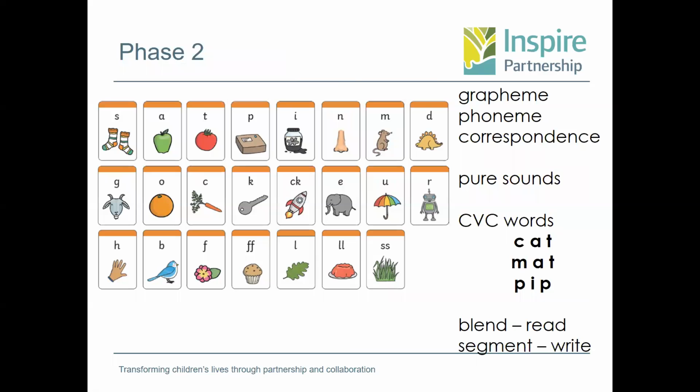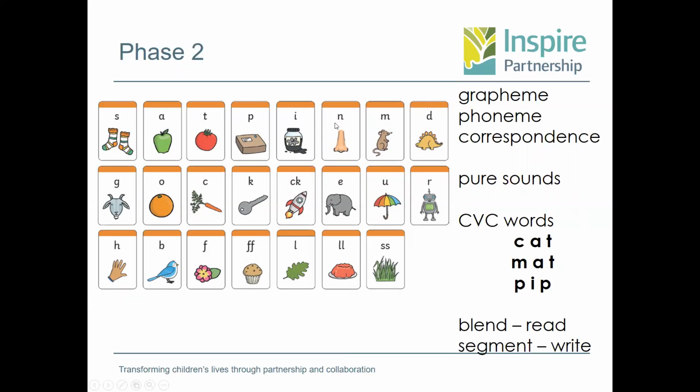Phase 2. The grapheme phoneme correspondence refers to the letter and the sound that it makes. So the letters are basically the letters of the alphabet, but they're taught in a different order, specifically to support the teaching of reading. So the children would first learn the sounds s, a, t, p, i, and n.